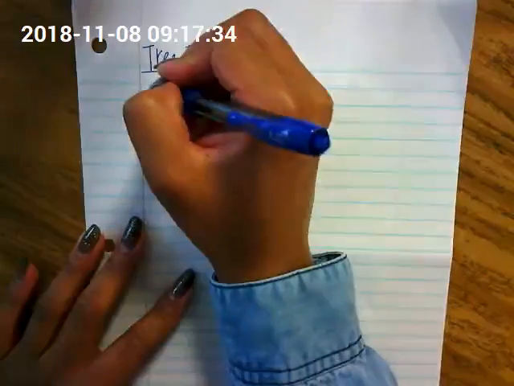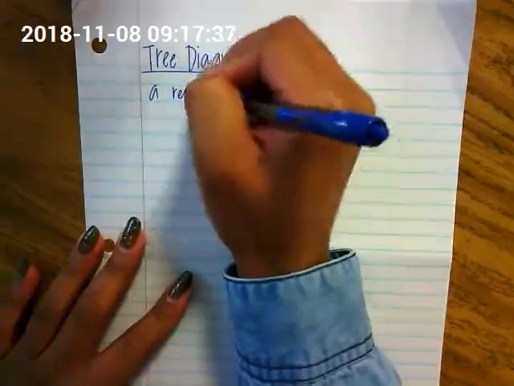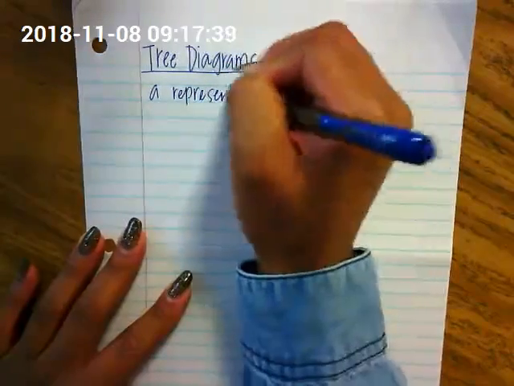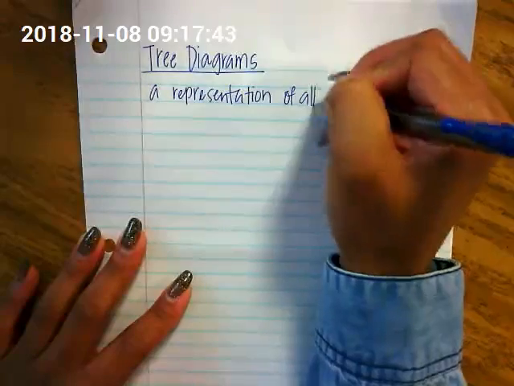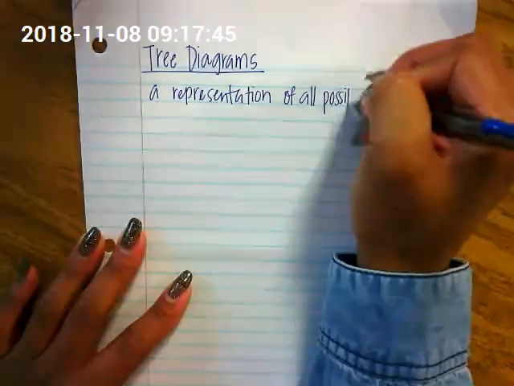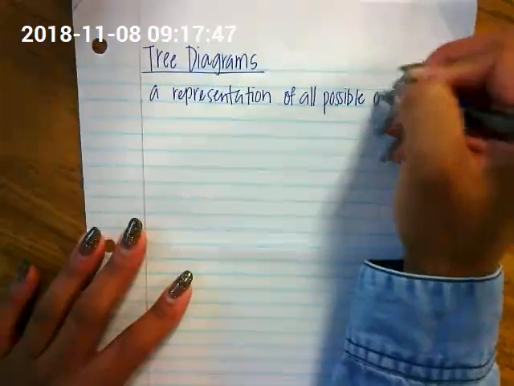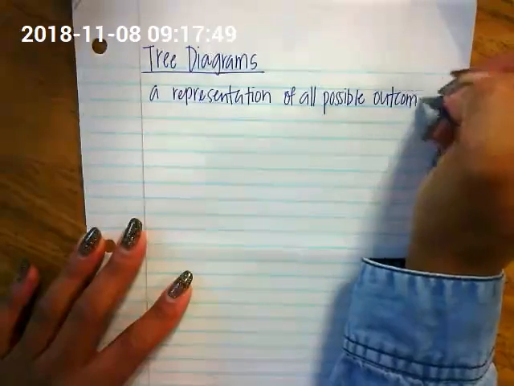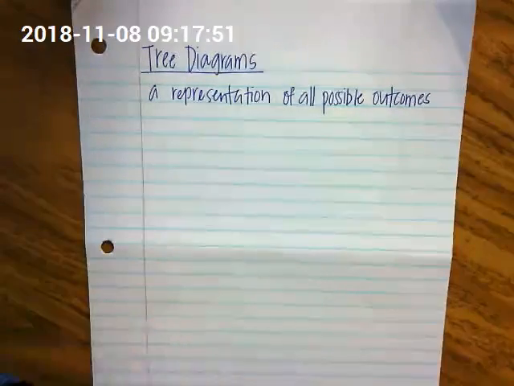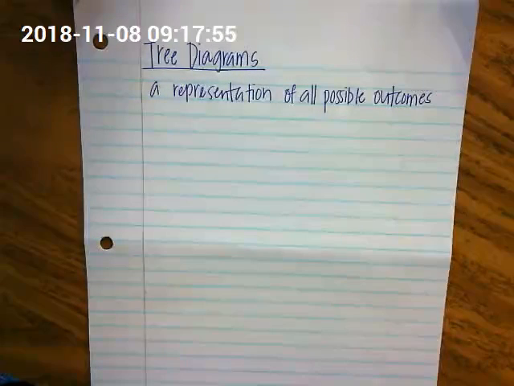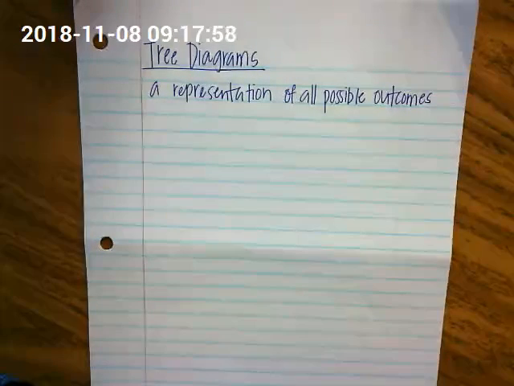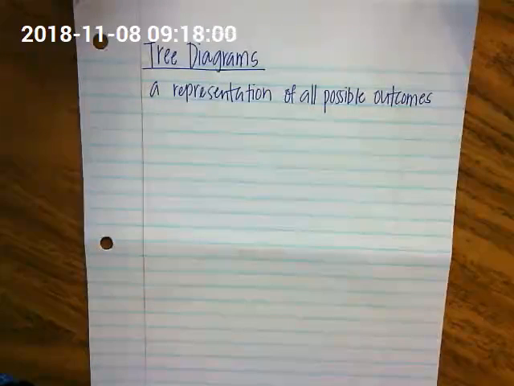A tree diagram is a representation of all possible outcomes.